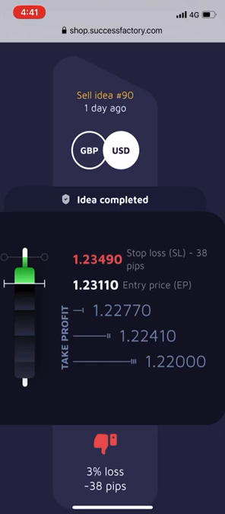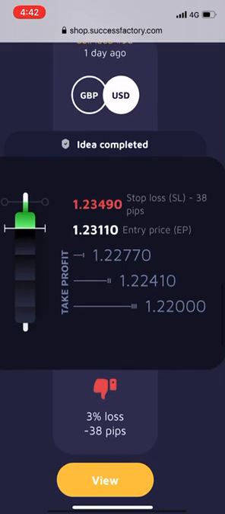Then we can see the stop loss in red, 1.23490. The other thing we need to take note of is the number to the right of the red number: stop loss 38 pips. Just remember this, 38 pips. Then we've got three numbers: take profit 1, take profit 2, take profit 3.